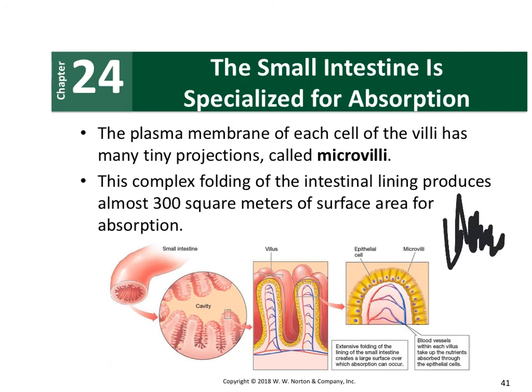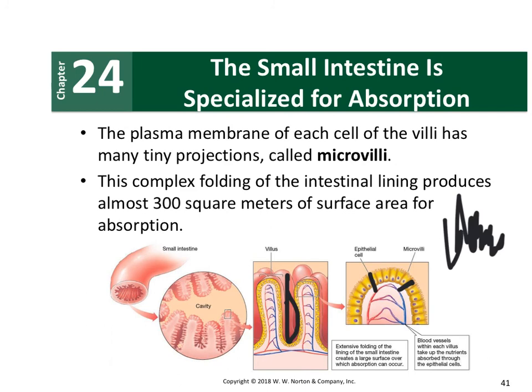Okay, so here's the small intestine, the cavity where food and nutrients are coming in. The villi, each of these things are villi, and then they also are made of microvilli. These are here, and epithelial cells.